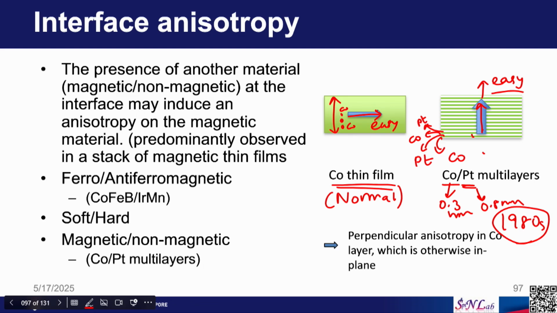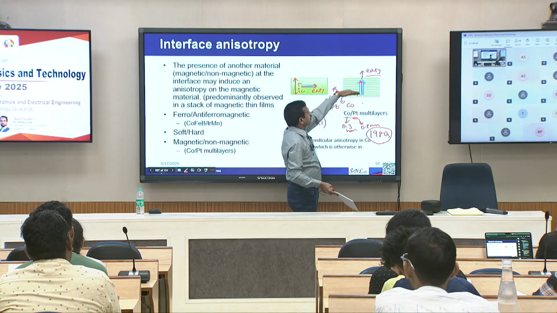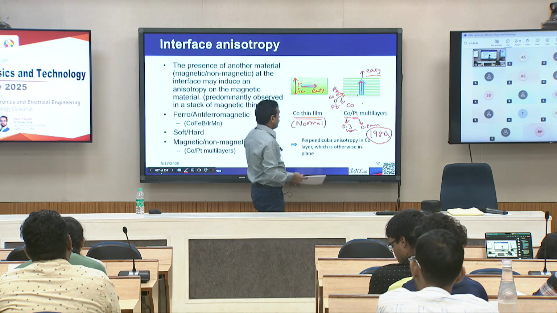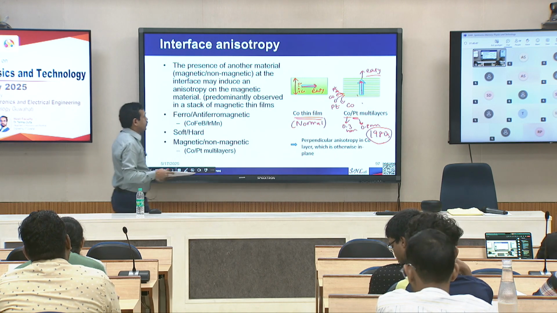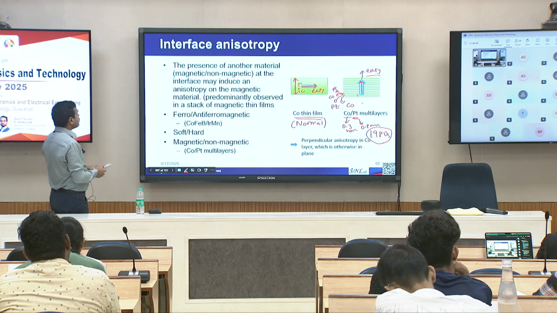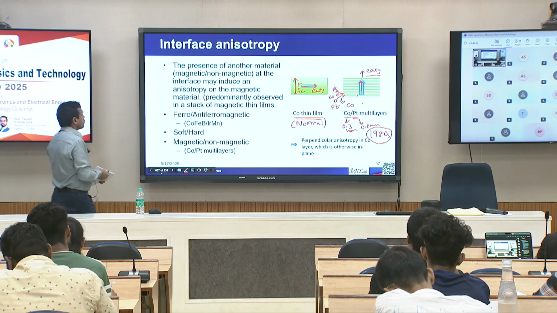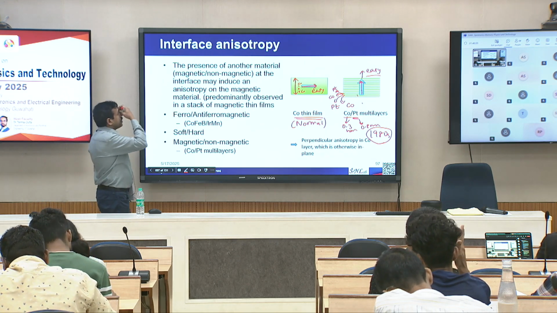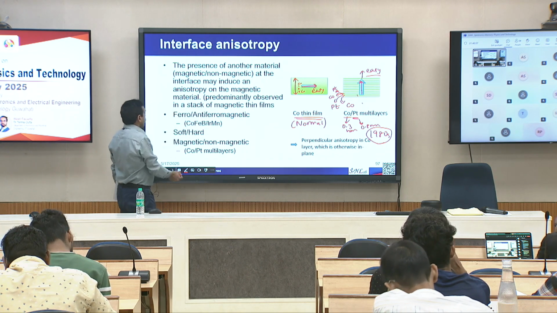So, you have cobalt interfaced with platinum, platinum interfaced with cobalt and so on, and that is why you are getting this anisotropy. This is one example of interface anisotropy.